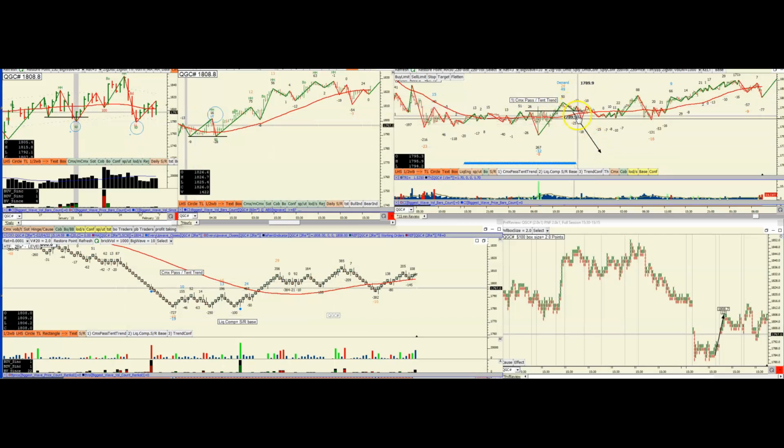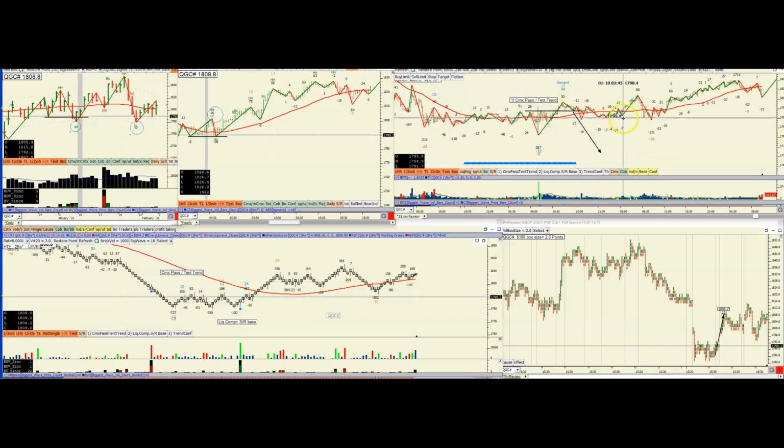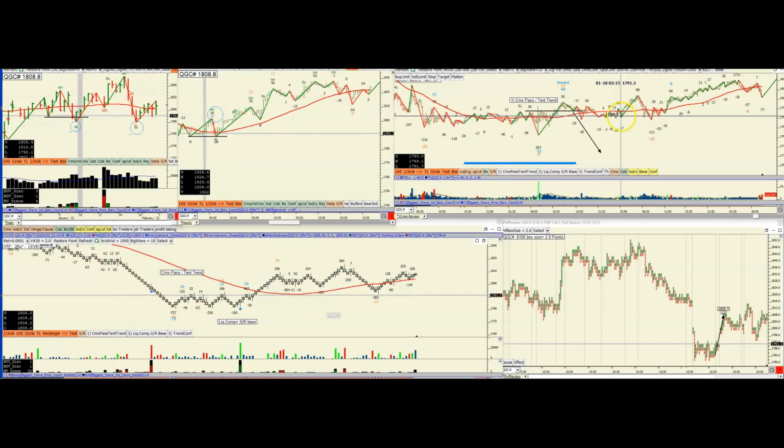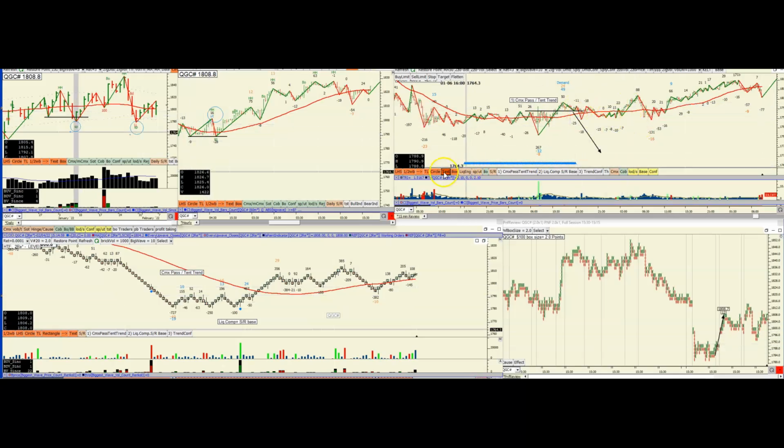We see support being built in about 3 or 4 waves. So it fits the criteria of 3 or 4 waves with multiple attempts to go down that don't go down. So it built support in this box.